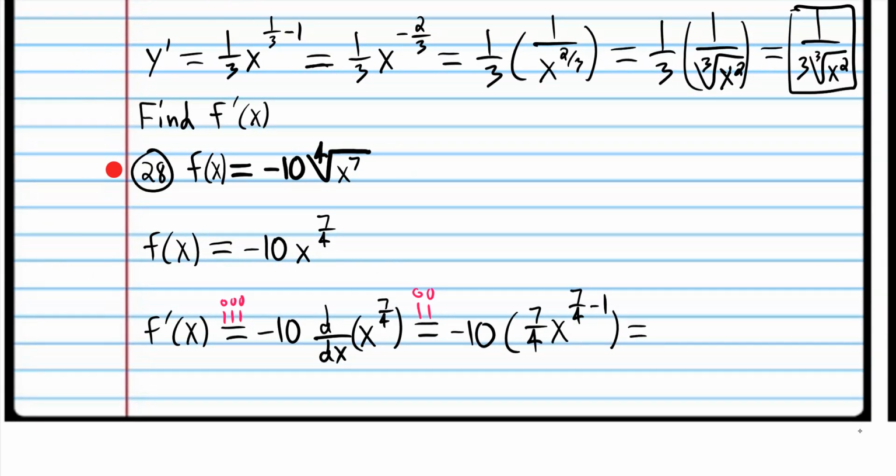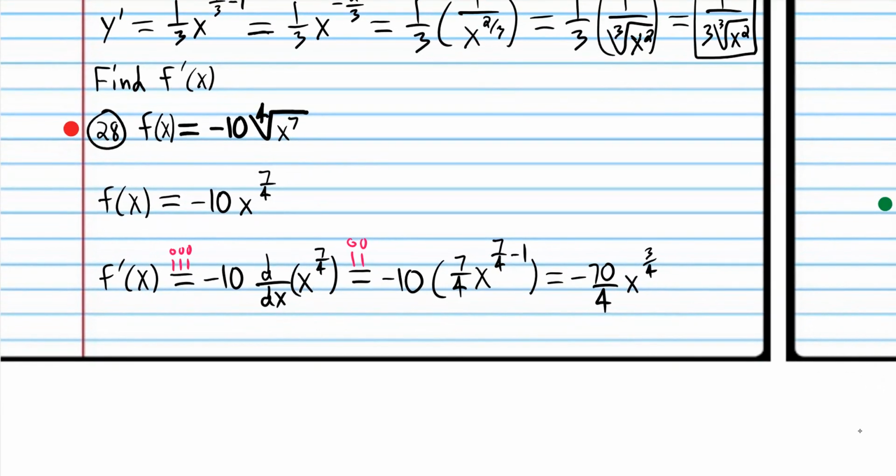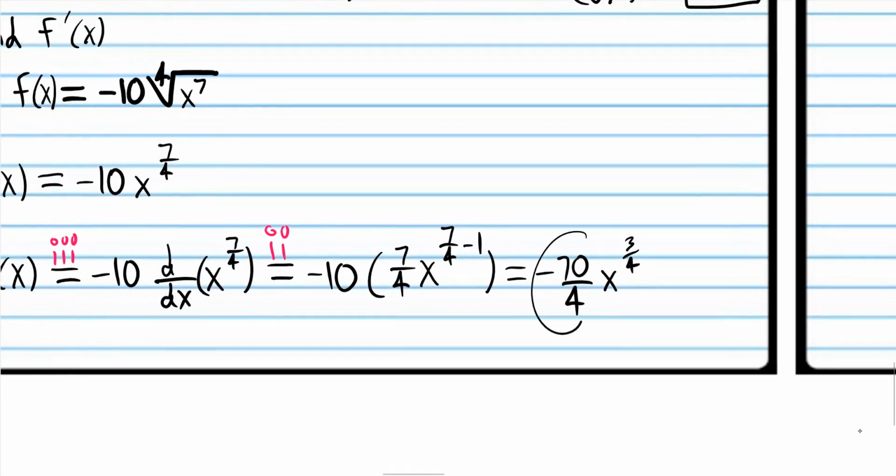So now we have negative 70 over 4 times x to the 3/4 power. And we can reduce this fraction. That becomes negative 35 over 2, it looks like.